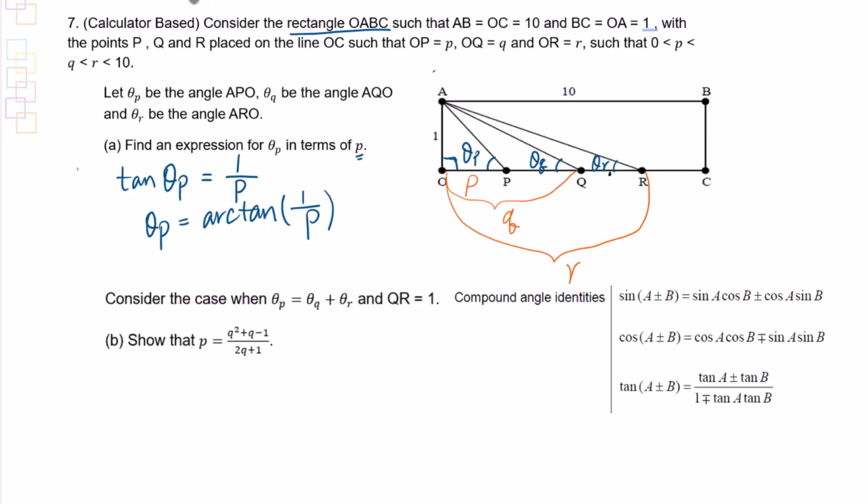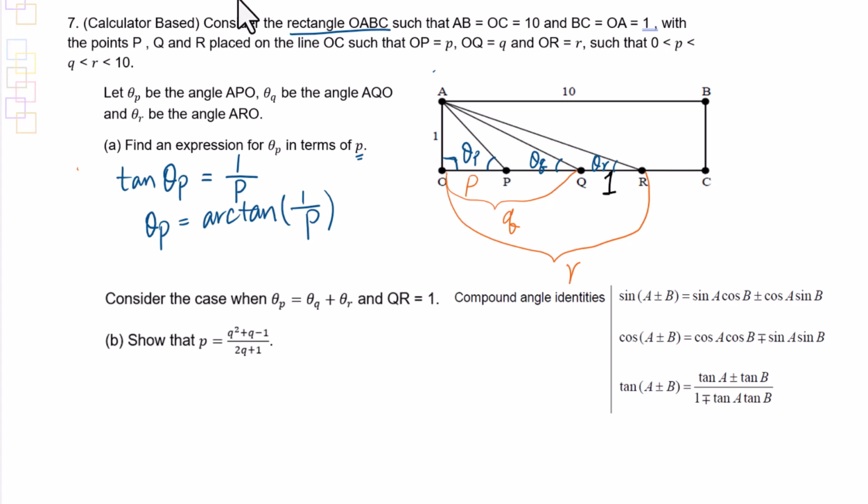Let's go to B. Consider the case where theta P equals theta Q plus theta R and QR equals 1. Show that P equals Q squared plus Q minus 1 over 2Q plus 1.